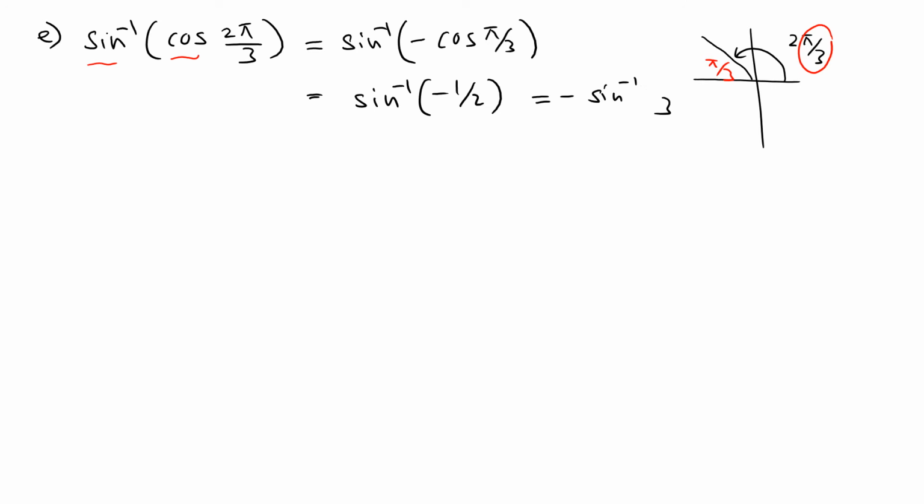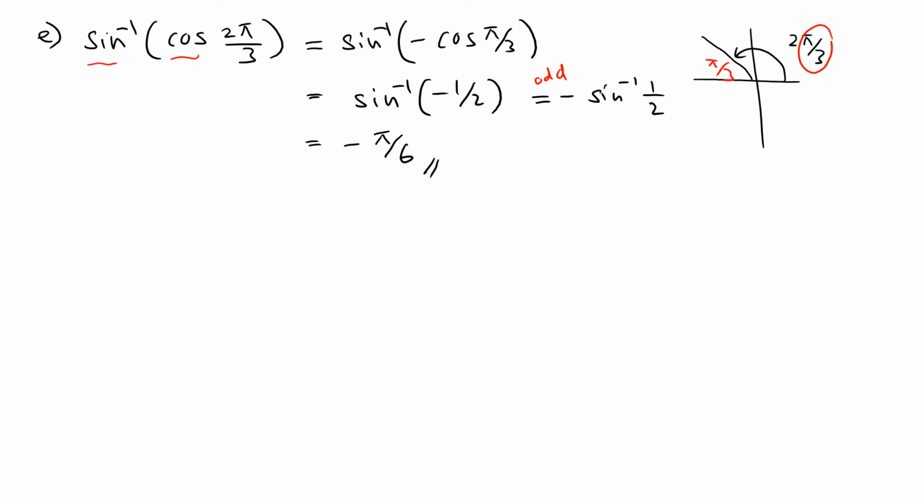So you're going to get negative pi over 6 as the answer. You pull the negative sign out because sine inverse is an odd function.